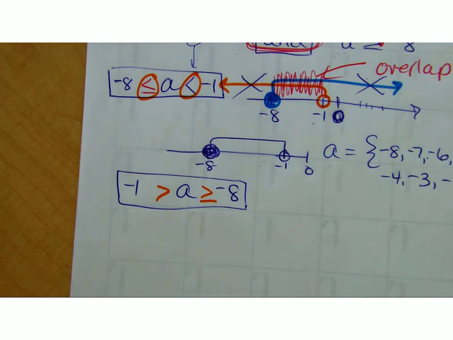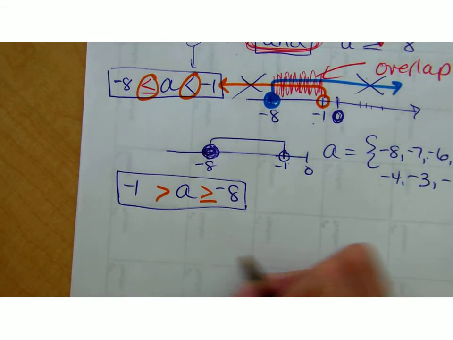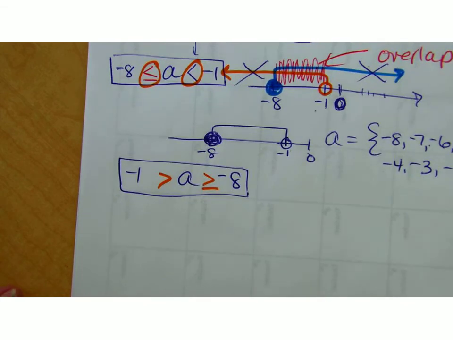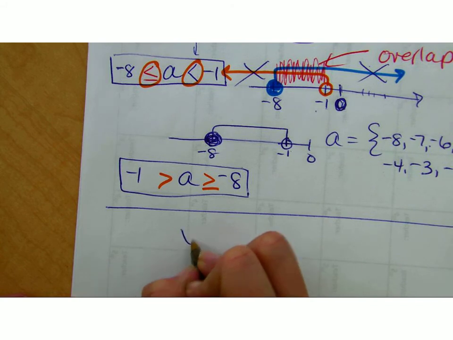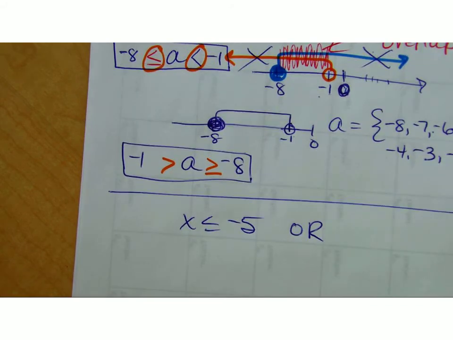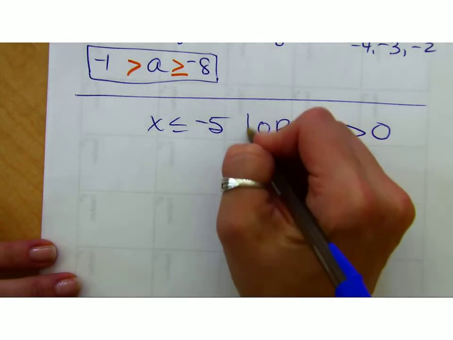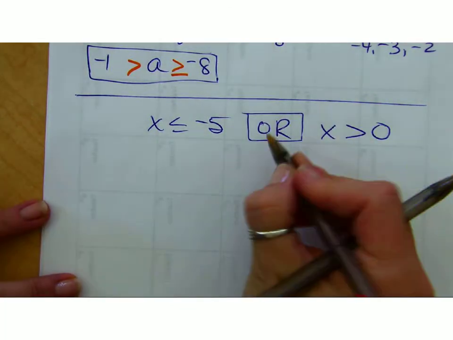So that was our "and." If I were to say, hey, give me a number less than or equal to -5. Or you know what? If you don't like giving me numbers that are less than or equal to -5, that's okay. You don't have to give me one of those. Give me one that's greater than 0. So now let's talk about "or." Or is different.